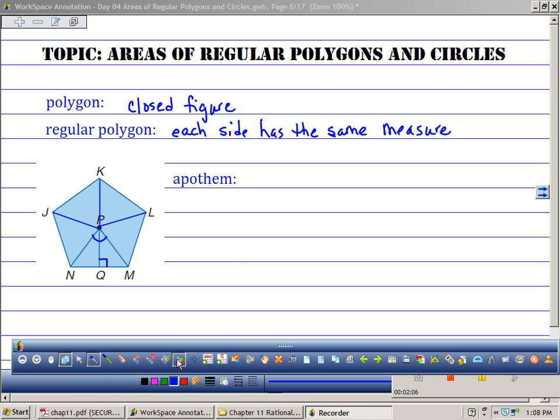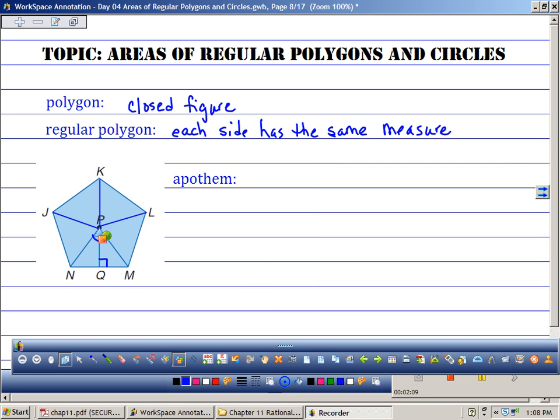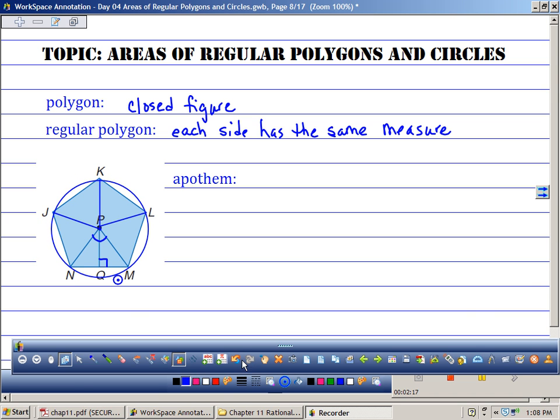Okay, James brought up a good point. James brought up the point, wouldn't it be the same as the side? Well, technically if we had a circle coming out like this, you're right, James, it would be, but you're talking about the arc would be the same. You're absolutely right. But not the side. The arc would be the same.